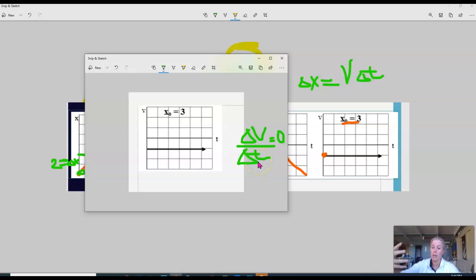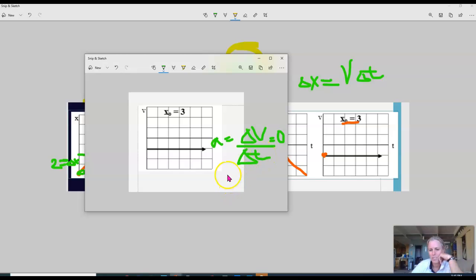If I'm driving and I'm at a stop sign, I'm at 0 velocity. Well, my velocity has to change. What do we call that when we step on the gas? We call that acceleration. Acceleration equals change in velocity over change in time.